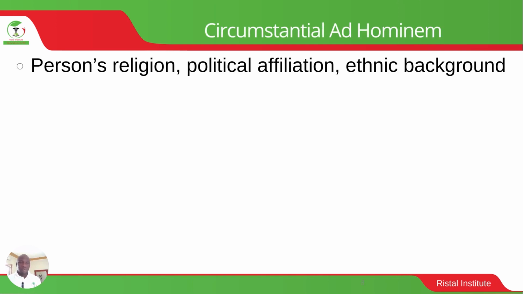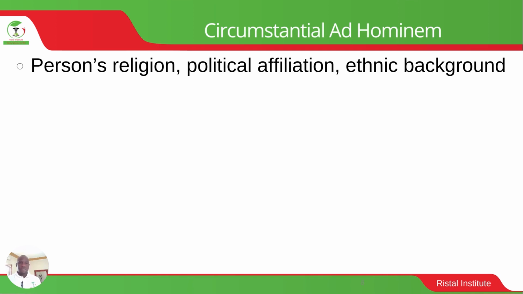Abusing the person is still another fallacy, the ad hominem abusive, a variation. And then abusing someone's, or focusing on someone's religion, political affiliation, or ethnic background. This is also a fallacy.